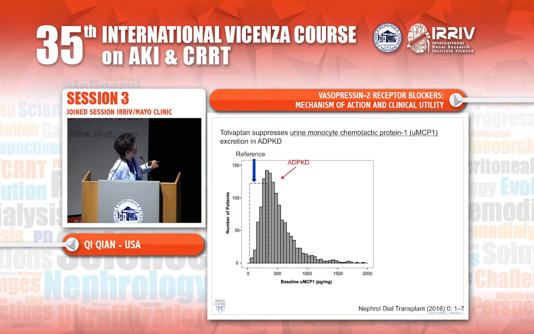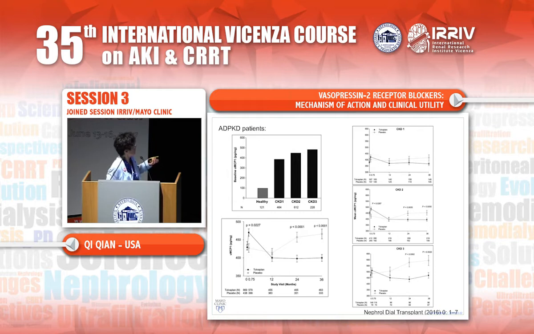More importantly, when these patients are treated with tolvaptan, there's a significant reduction in this chemotactic factor across the board at CKD stage 1, CKD stage 2, and CKD stage 3. That's correlated with retarding CKD progression.